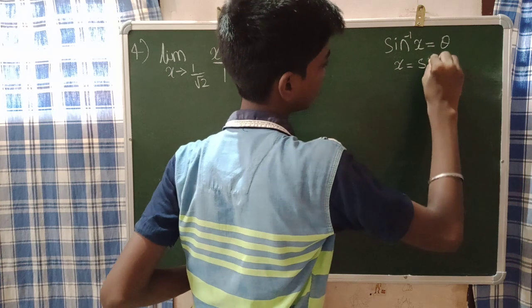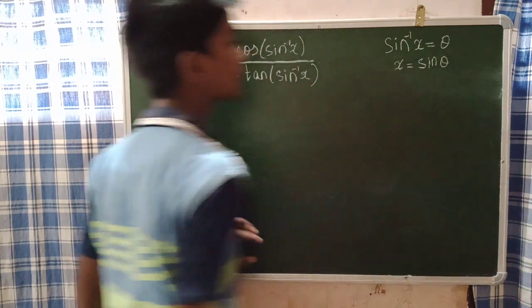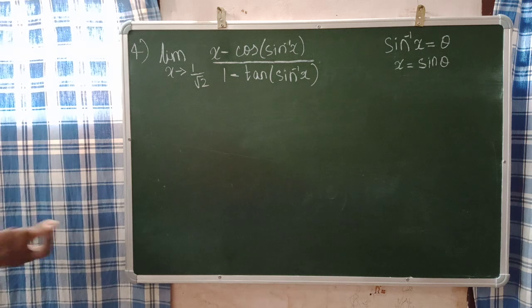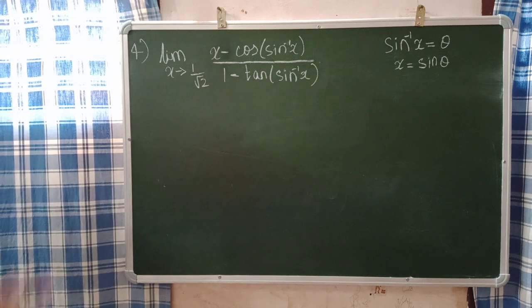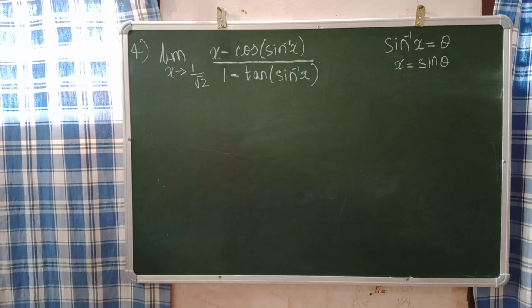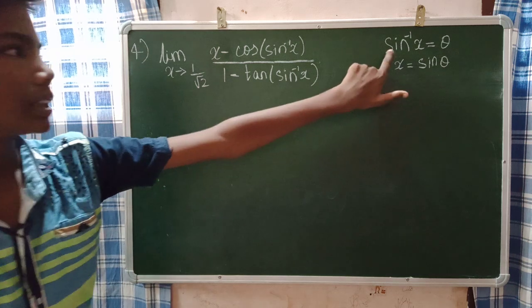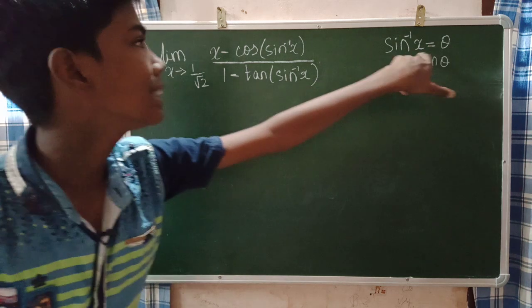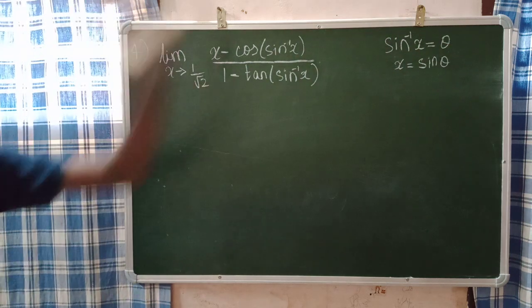Correct? If I take sine inverse of x as theta, then x will be sine theta. Obvious thing. Trigonometry to inverse trigonometry to trigonometry conversion. If sine inverse of x is equal to theta, then x will be sine theta.